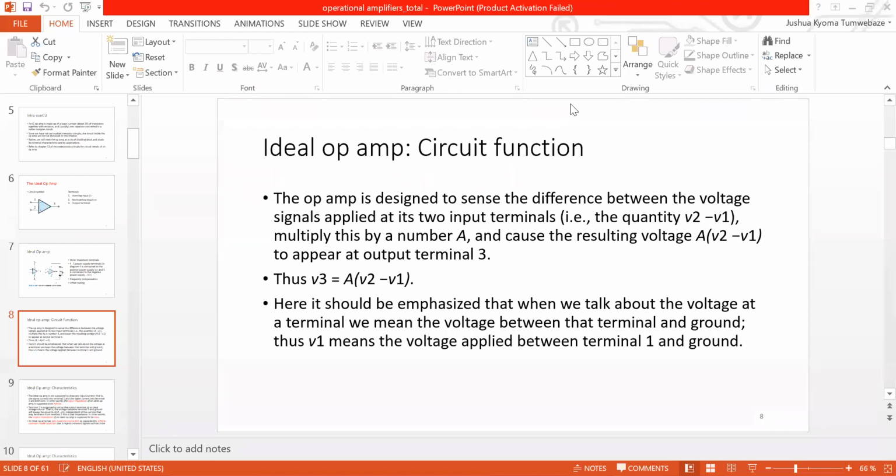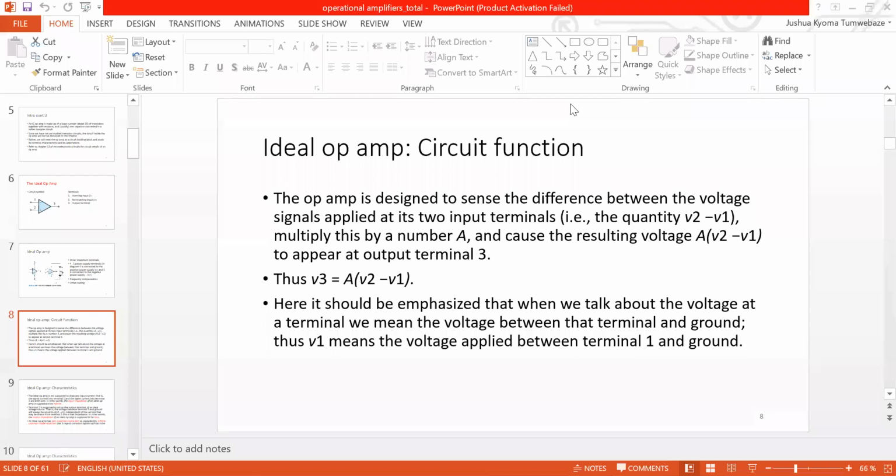So we're saying that if I apply a voltage at terminal 2, I call it V2. If I apply a voltage at terminal 1, I call it V1. These voltages are taken with respect to ground.